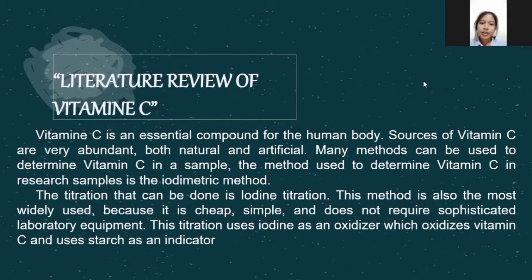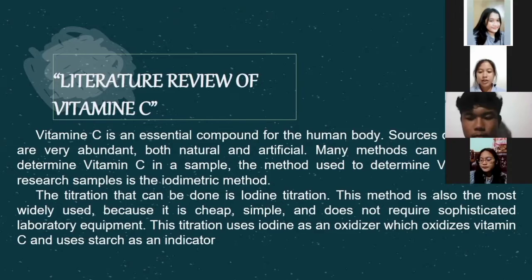Okay, I will continue the review of vitamin C. Vitamin C is an important compound for the human body. The sources of vitamin C are rich, both natural and artificial. Many methods can be used to determine vitamin C. The method used to determine vitamin C in our research sample is the iodimetric method.